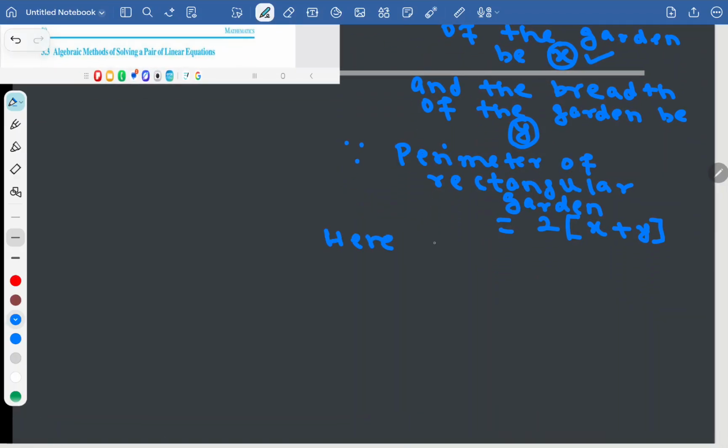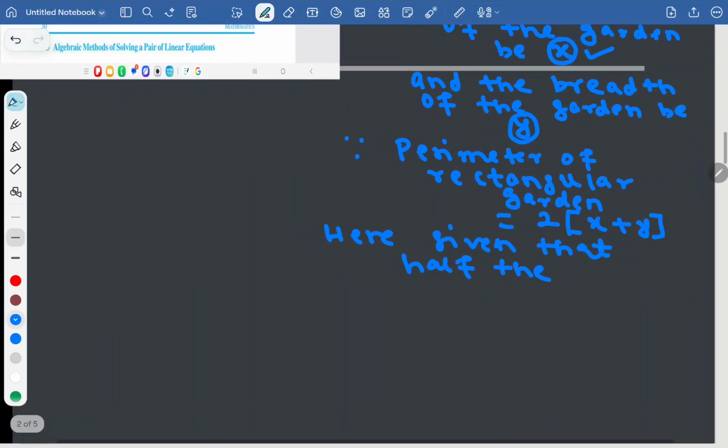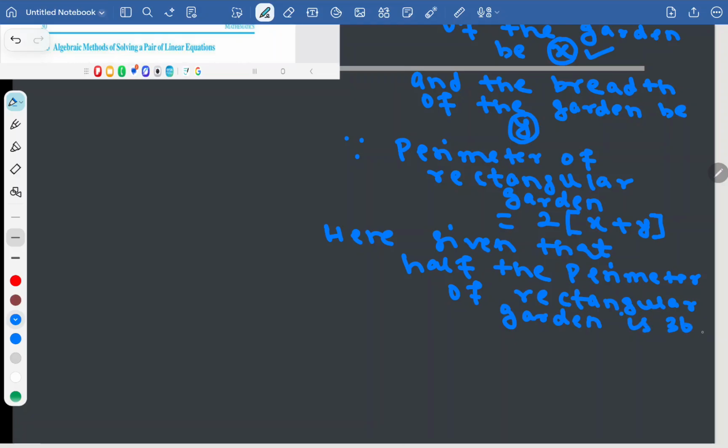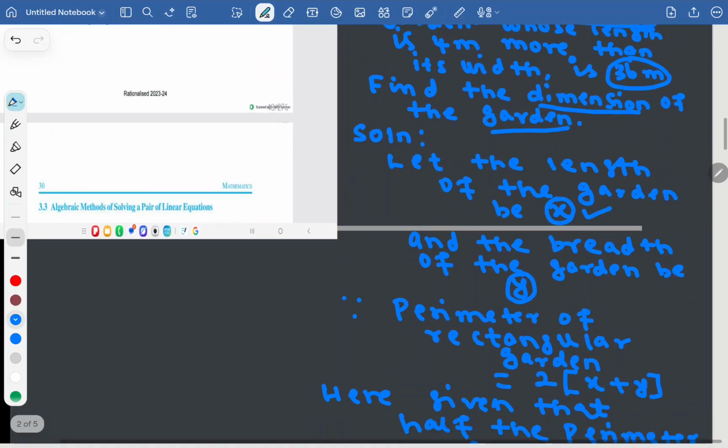Here it is given that the perimeter of the rectangular garden is 36 meter.